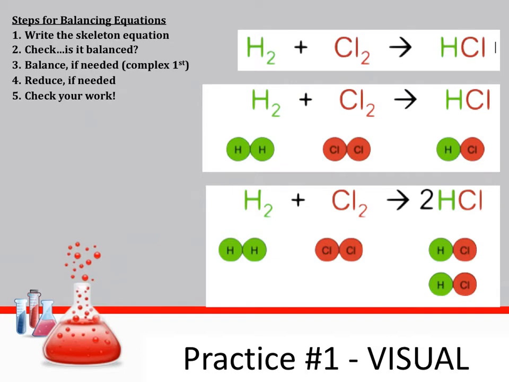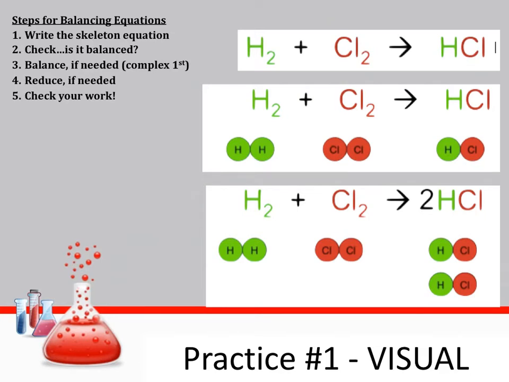So our first equation is dihydrogen plus dichlorine gives us, or yields, hydrogen monochloride. So we have to check to see if it's balanced. In order to do that, we're going to list out the number of atoms for each element involved on the reactant side and on the product side.